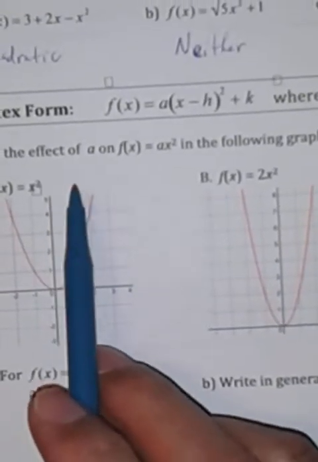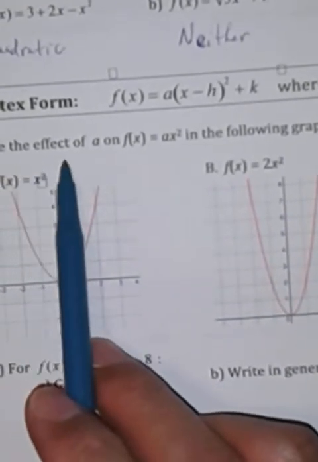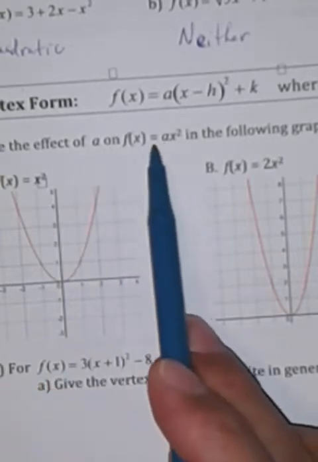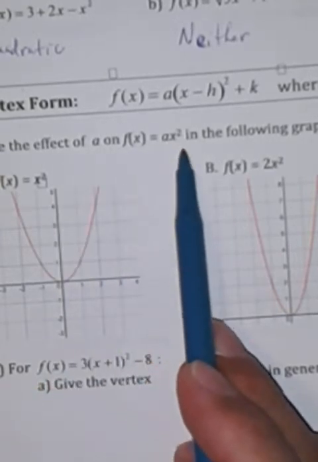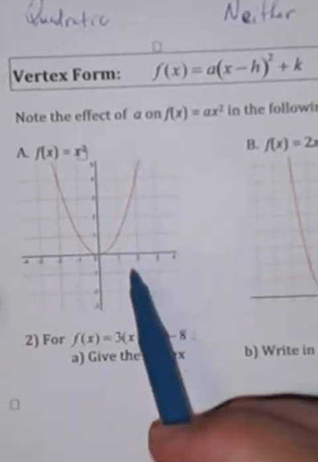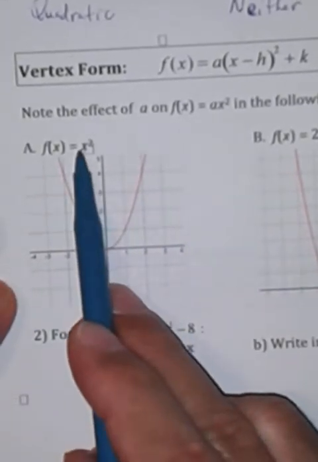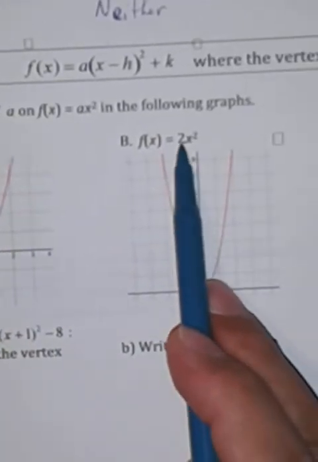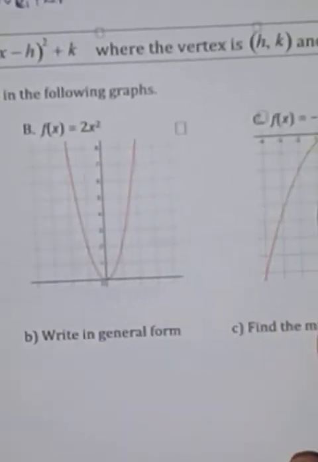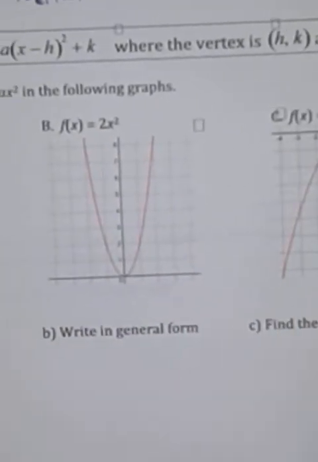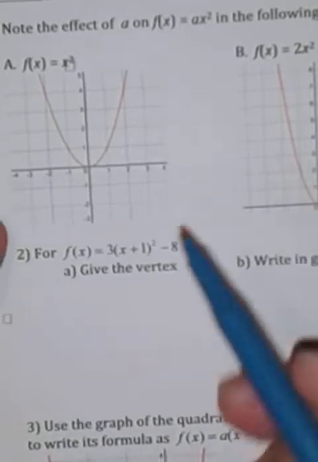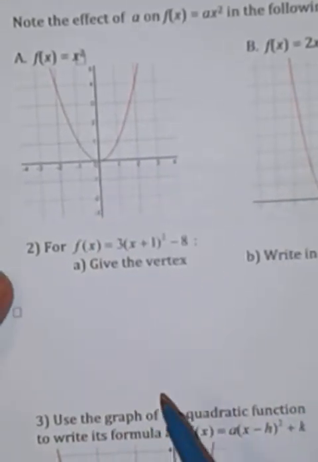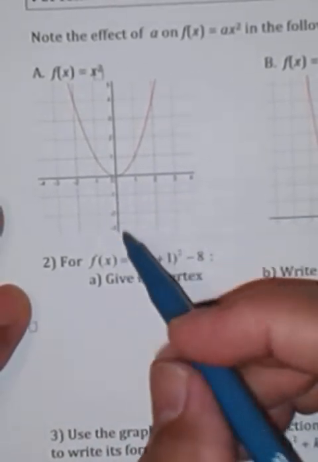All right, let's take a look at a couple of things. So first, note the effect of a on f of x equals ax squared in the following graphs. For the first one, a is 1. For the second one, a is 2. And for the third one, a is -0.5. So what does that do? Well, when a is 1, there's certain reference points that we can find.